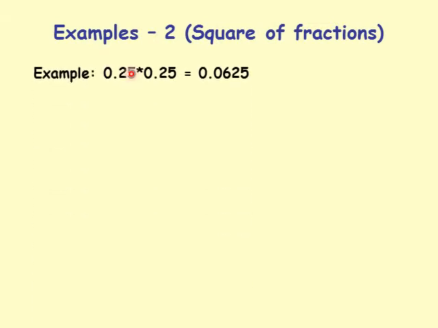So now a fraction. 0.25 times 0.25: 25 times 25 is 625, and there are 2 digits after the decimal here, so I need 4 digits after the decimal, which needs an extra 0 here. So 0.0625. 0.25 is a quarter, so 1/4 times 1/4 is 1/16th, and 1/16th is 0.0625.